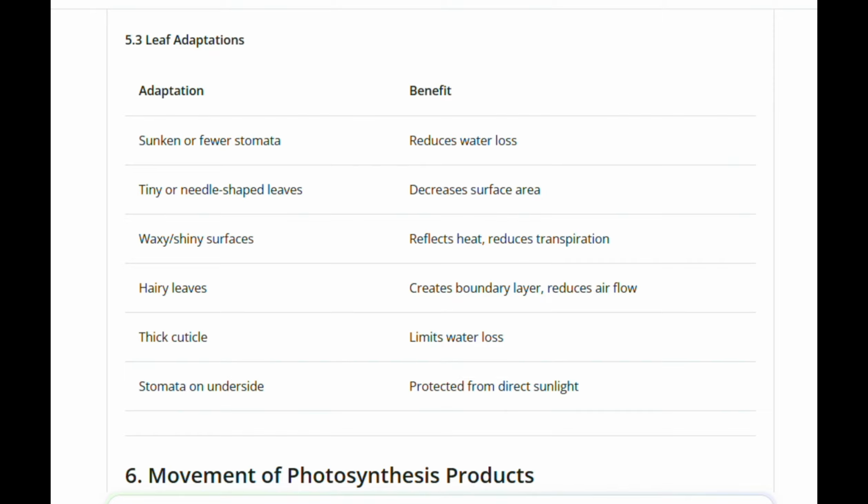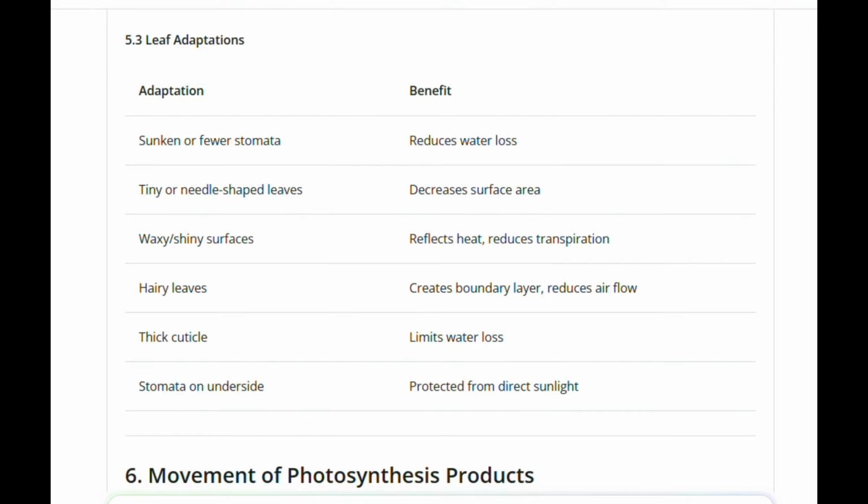Or waxy surfaces, and thick cuticles, covered in fine hairs. So let's look at these adaptations in a detailed manner.